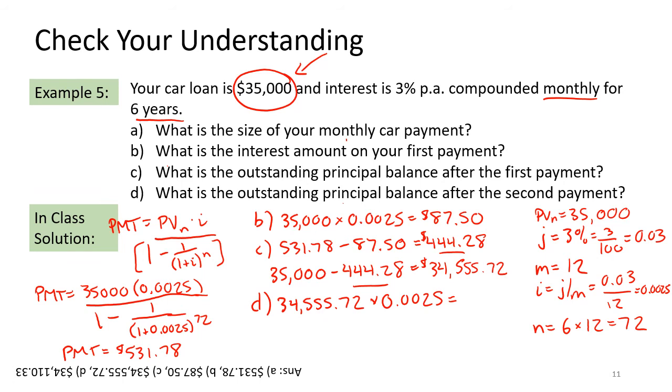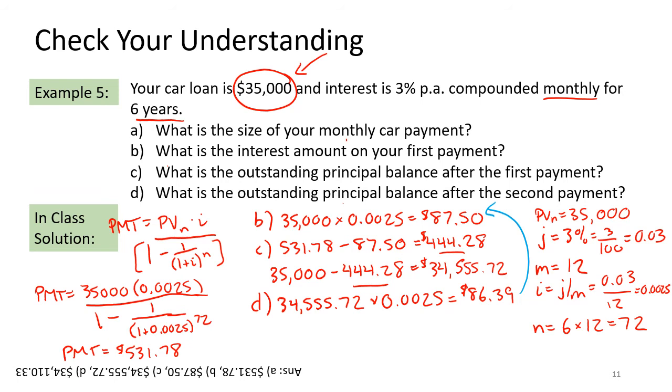Okay, and if you calculate that out, you get $86.39. Okay, as you can see, it's a little bit less than our first payment, but that makes sense, right? Because we have less money owing now. So as you have less money that you owe, the amount that you pay on interest decreases.